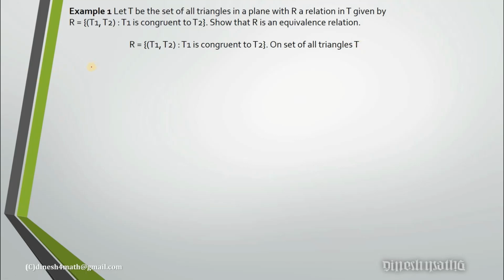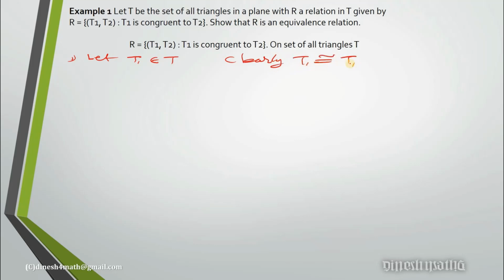First thing, reflexive. For reflexive, I will take this case. Let T1 belong to T. That means I'm taking one of the triangles from the set of all triangles. Now I need to check whether this triangle is congruent to itself or not. Clearly, a triangle will be congruent to itself.